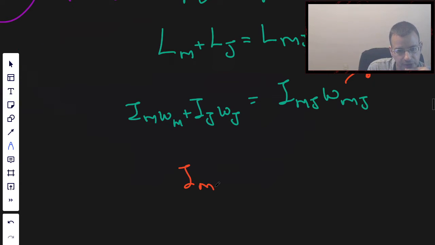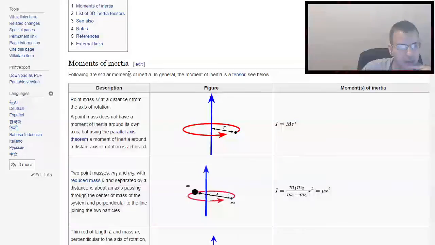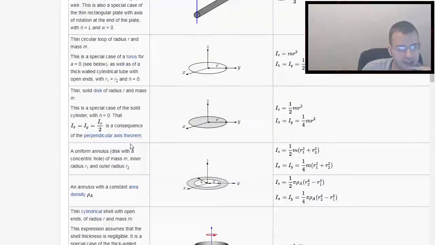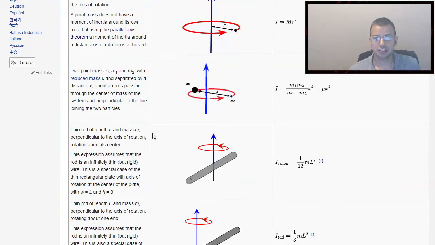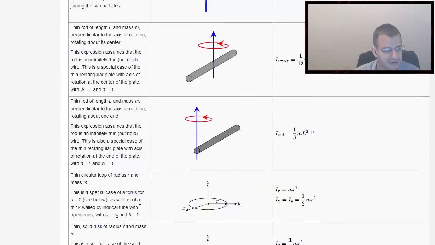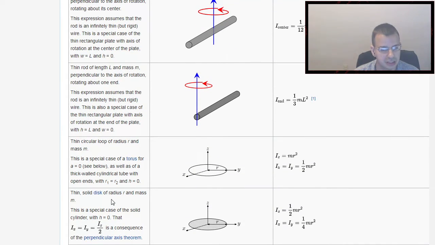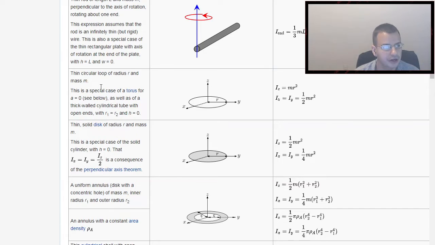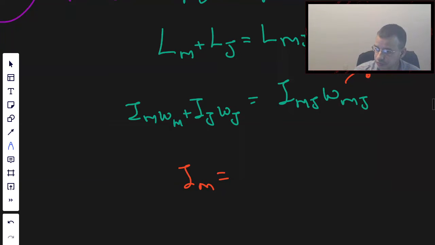So the moment of inertia of Mary. I'm going to assume that this is a rotating solid disk, and we just look up our moments of inertia, since it's related to the geometry of the shape. A solid disk could be the same as a solid cylinder: radius r, mass m, it's 1/2 m r squared. So it's 1/2 mass of Mary times r of Mary squared.